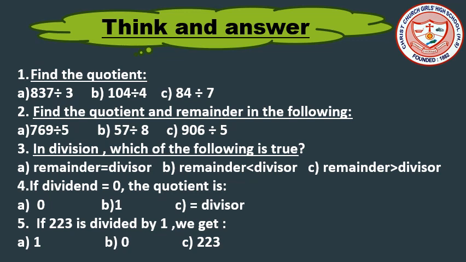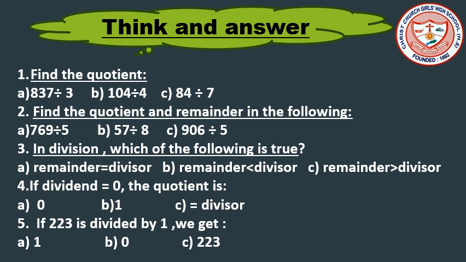Number 3. In division, which of the following is true? Girls, I have already discussed this, so please think and answer. A. Remainder equal to divisor. B. Remainder less than divisor. C. Remainder greater than divisor. Number 4.